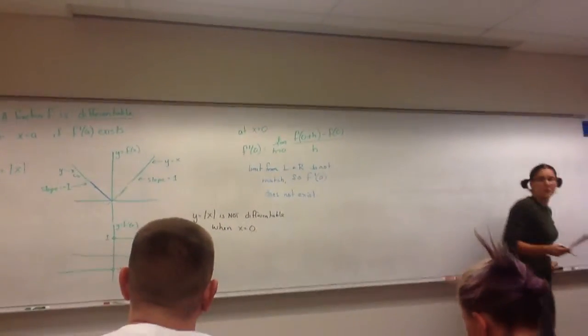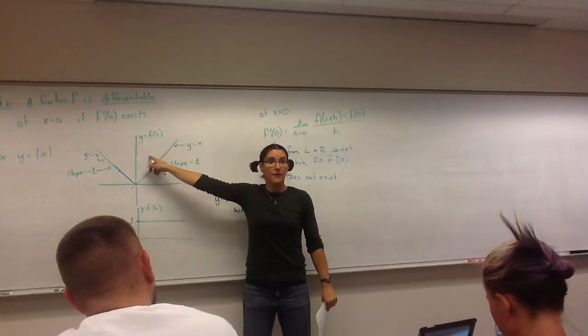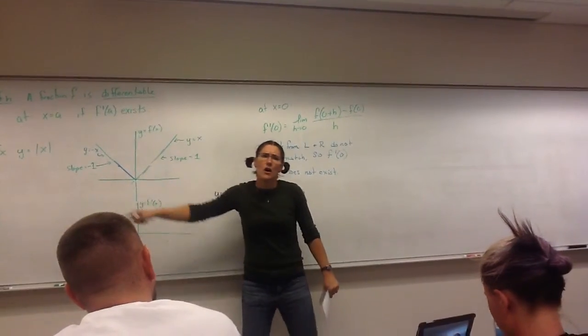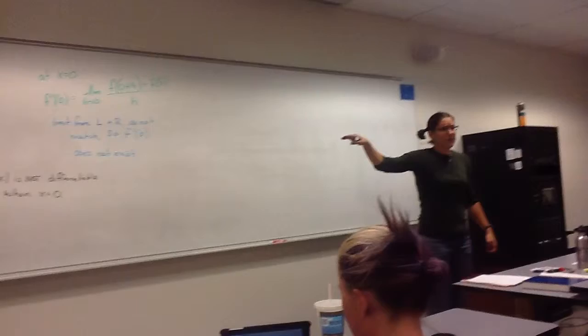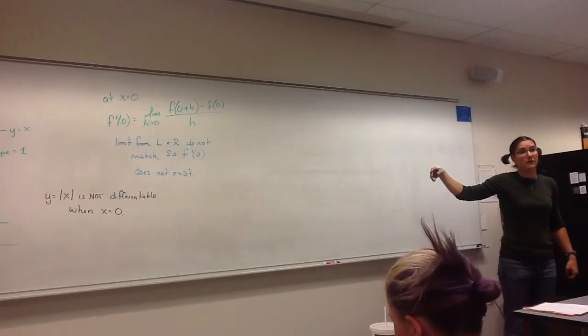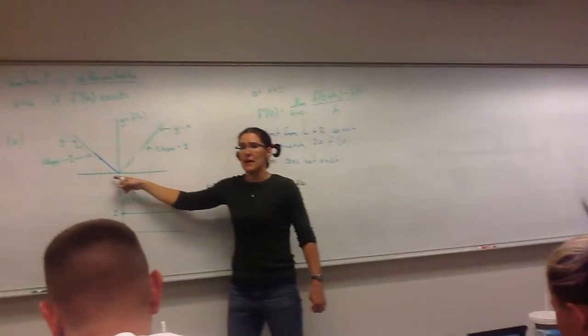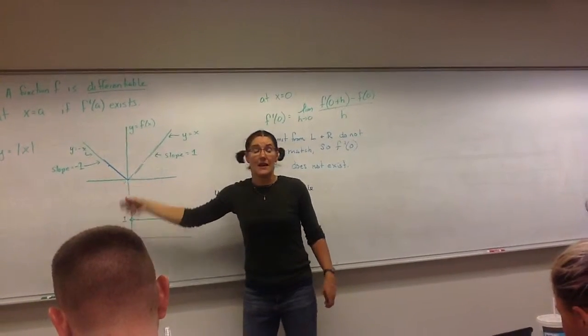I mean, y equals absolute value of x. It's a continuous function. There are no holes in the original function f. The only thing that's going on here is that we have this corner right here. So a rule of thumb, a conceptual idea, is that a differentiable function is considered a smooth function. And if your function has things like corners or cusps in them, then the function is not differentiable at that corner or at that cusp.